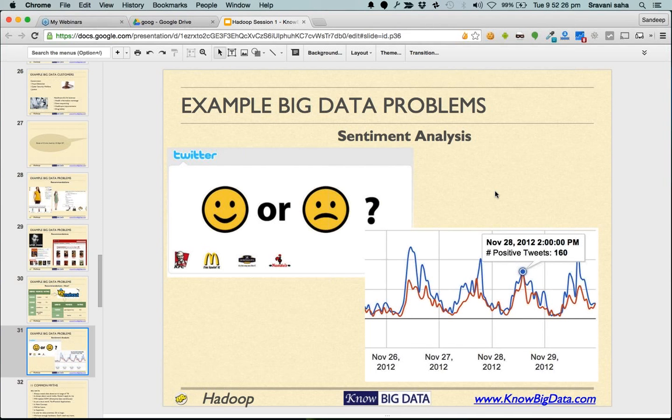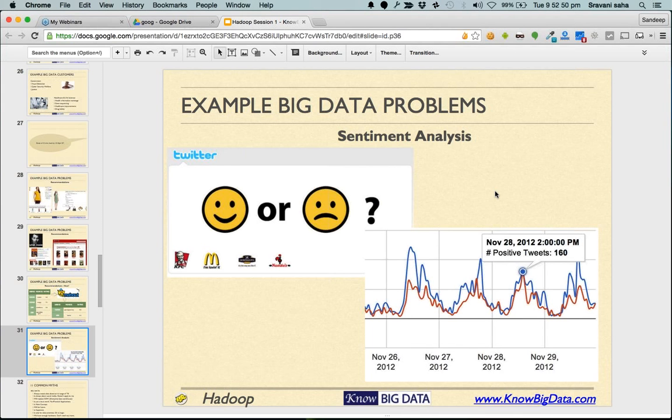And you do it continuously over the timeline. You plot a graph of negative and positive feedback of the people in parallel on the y-axis, with the x-axis being the timeline. This is called sentiment analysis, understanding the sentiment of the people towards your service or product.